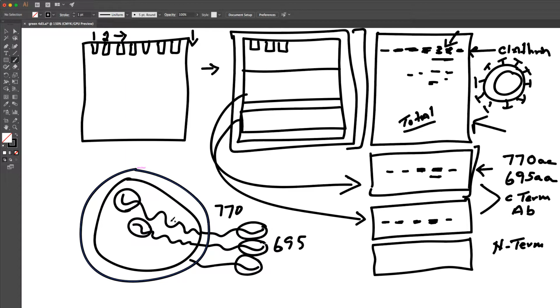The splice variation is further down in this protein, and they get the same.